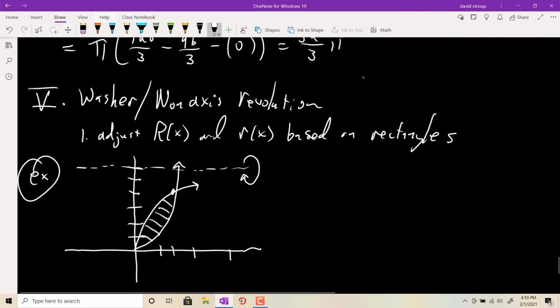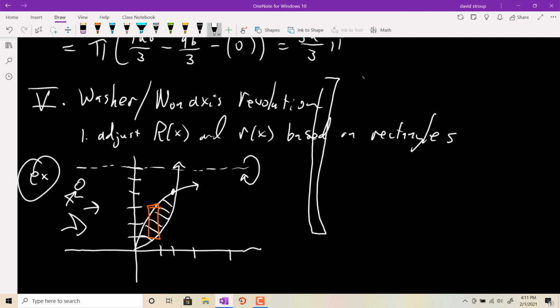But anyways, the rectangles that you're working with, the Riemann man is going in this direction, collecting these washers. The rectangles that we're working with will be like this. Okay, and then at least we get a picture of one particular washer, I guess, that would be generated from that one rectangle I just drew.